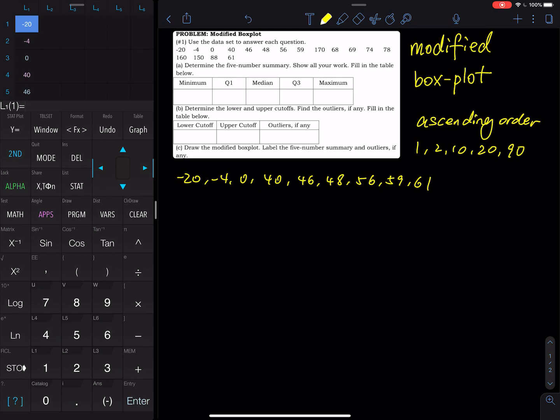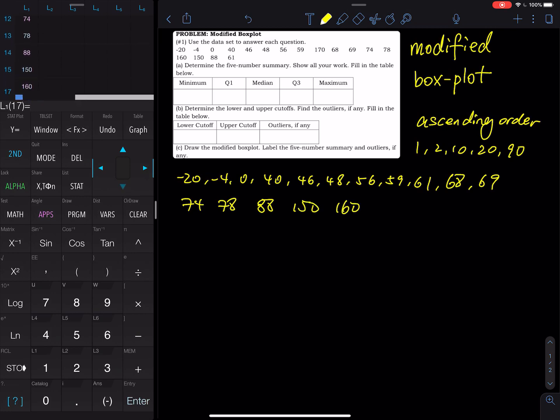So -20, -4, 0, 40, 46, and then 48, 56, 59, 61, and then 68, 69, and then 74, and then 78, and then 88, 150, and then 160, and then 170, and that's it. So you have 17 numbers. So the sample size, assuming that this is a sample, is 17.